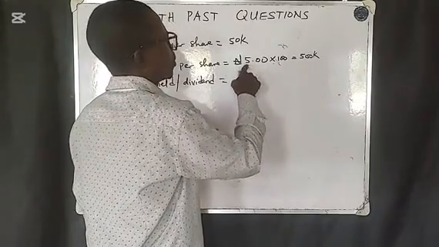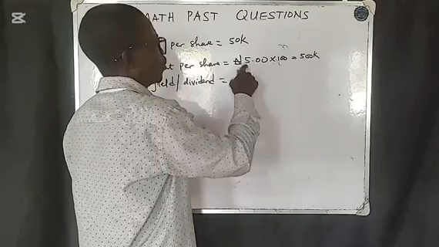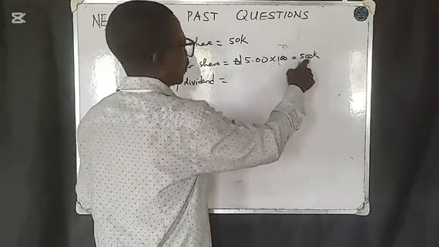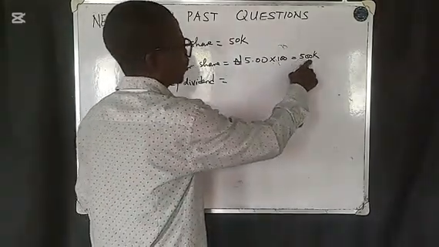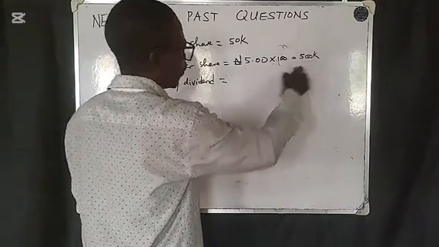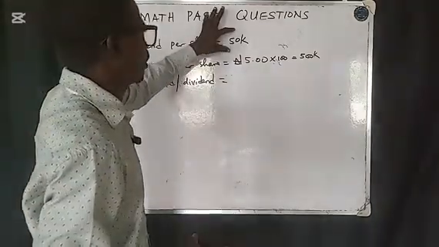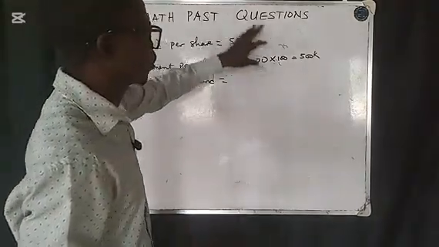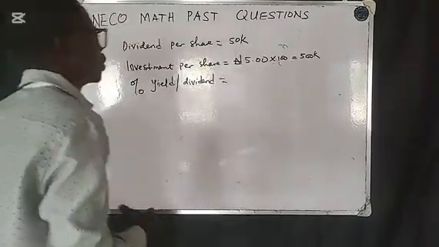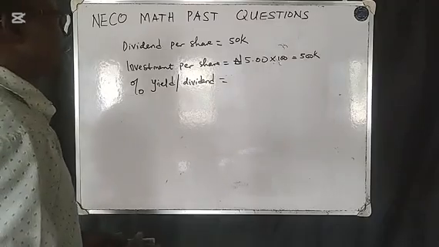So he invested 500 kobo, and each 500 kobo is getting 50 kobo on top of it. So what is the percentage yield?